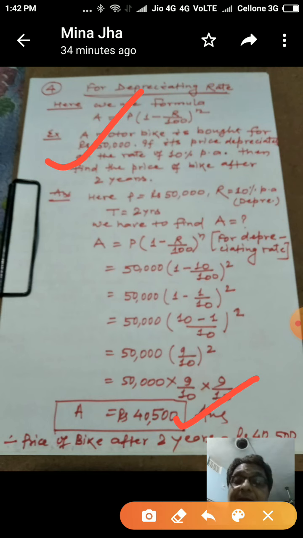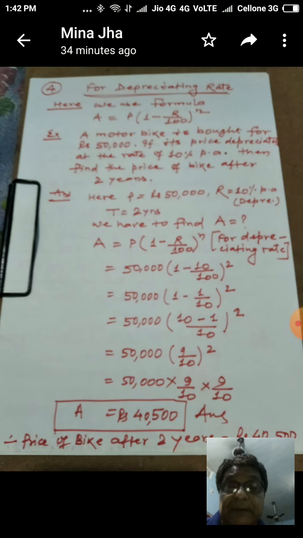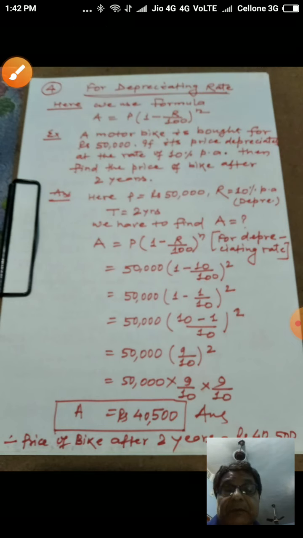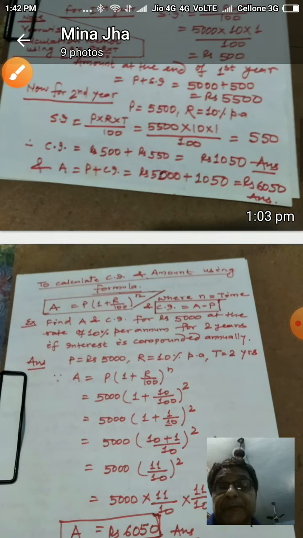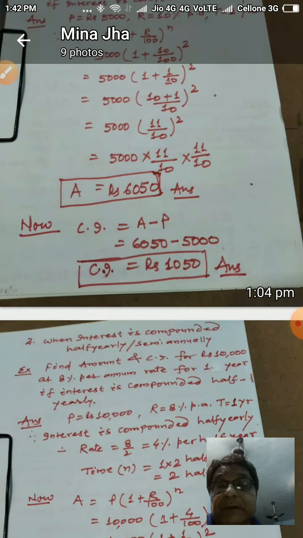It means the price of bike is now reduced after 2 years by 9,500, and the price of bike becomes 40,500. So this is the case which is called depreciating rate related question of compound interest. Now something we will see more.